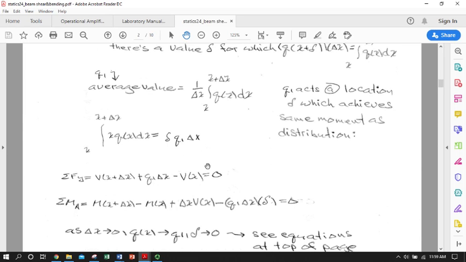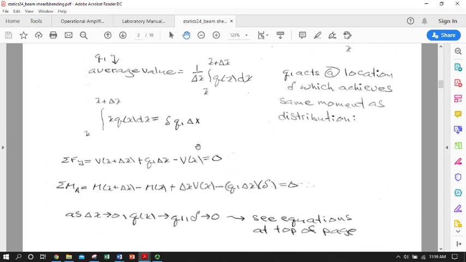Walking through this, we are going to use this in the moment expression. We're going to put this in as part of our sum of the moments when we do the equilibrium analysis and see what happens. So we have a position, we have a function value for the distributed load, and then we have the width, delta x. And we'll see what happens to that when we start squeezing delta x down.